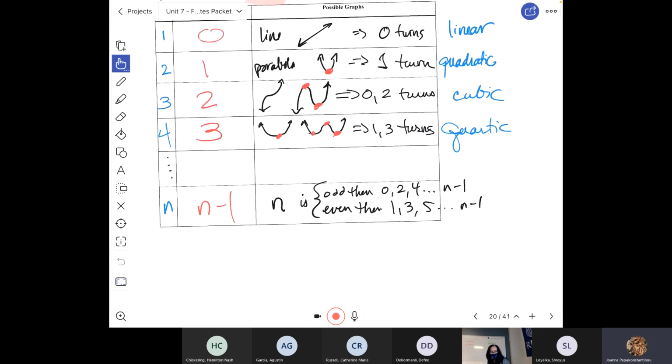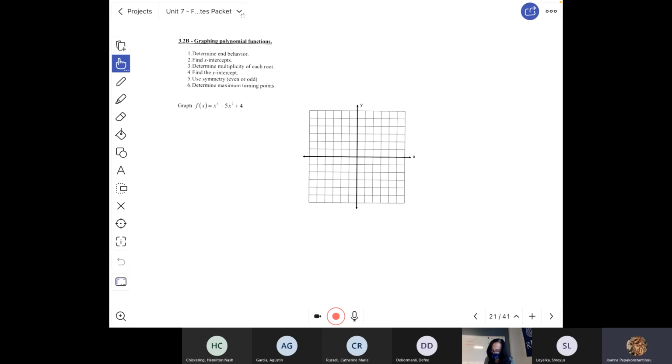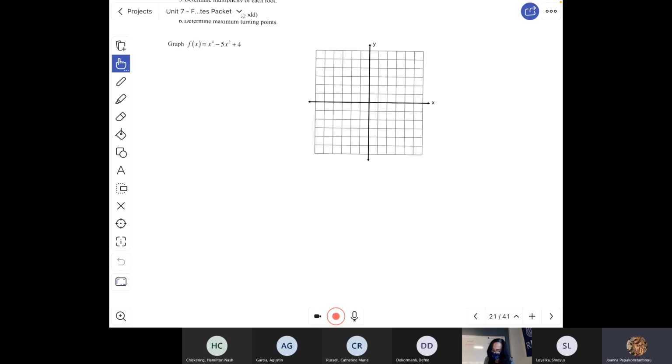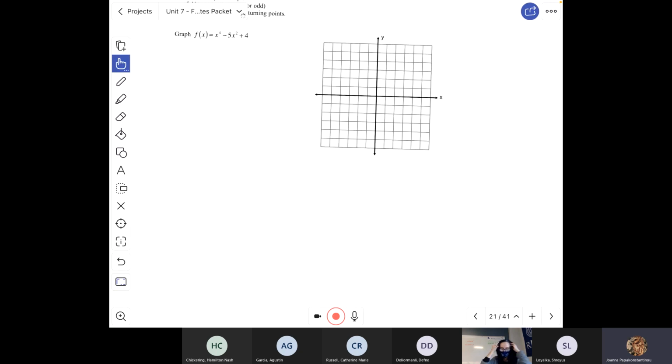So last but not least, let's do 2 examples of doing quick sketches of graphs of polynomial functions based on what we know. Okay, so here's our first polynomial function. I like to really exploit this function and talk about everything that I know. What is the leading coefficient? 1.